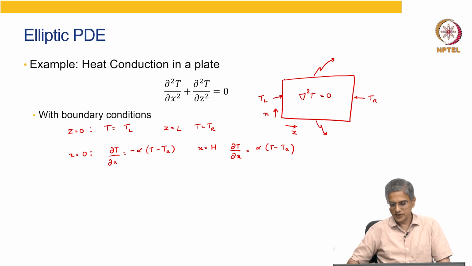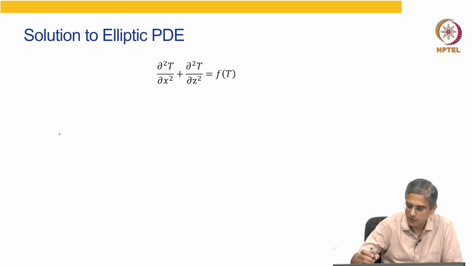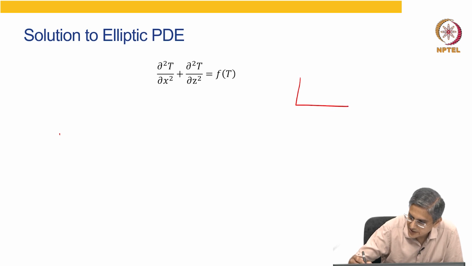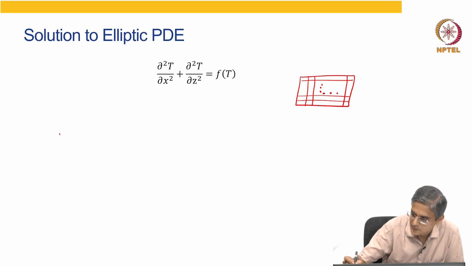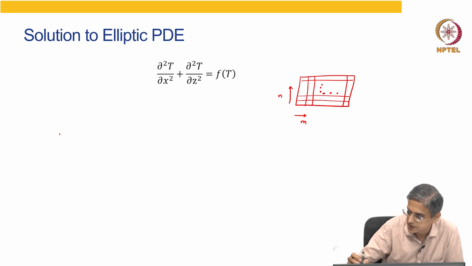Okay. So, what we do in this particular type of problem is we divide this entire domain into m grid points and into n grid points.